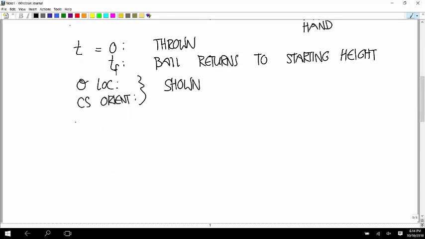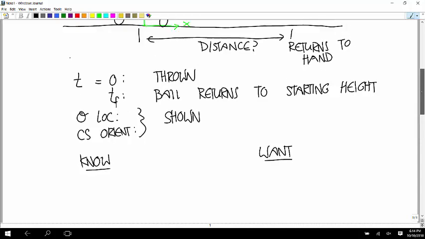And now we can think about what we know and what we want. Do we know the amount of time it's going to take for the ball to return to its starting height? No. Do we know the initial position?